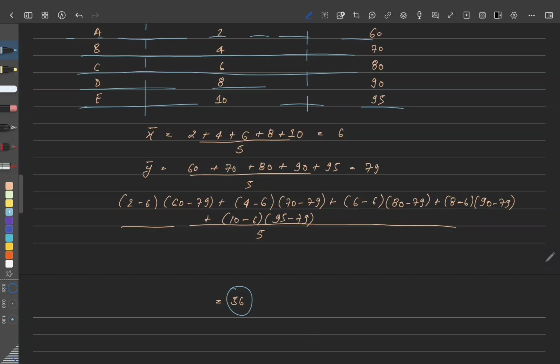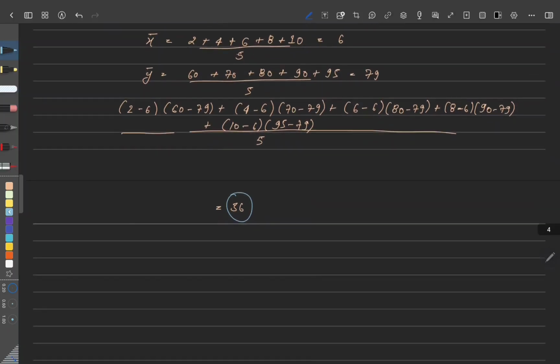We multiplied the differences for each data point from their mean, and then summed all of them together, and then divided that by the number of data points, which is 5, and we got the covariance as 36. So let me write here Cov(x, y) equal to 36.